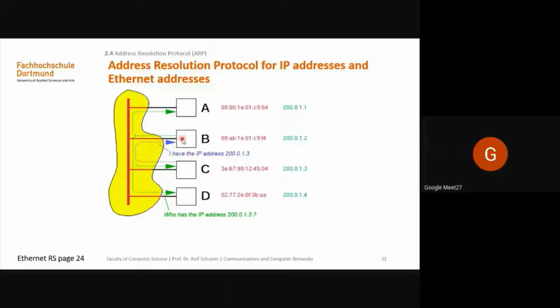Then when we need to talk, for instance, from this node to this other node, this node sends a broadcast request to the others using a protocol called Address Resolution Protocol, asking for the MAC address associated with, for instance, this IP address.